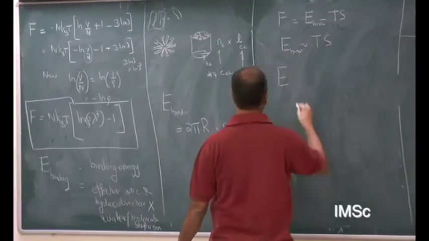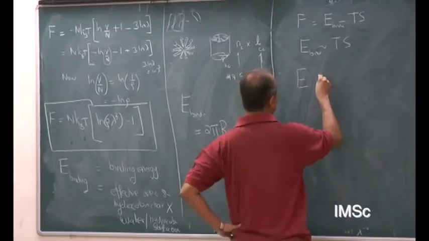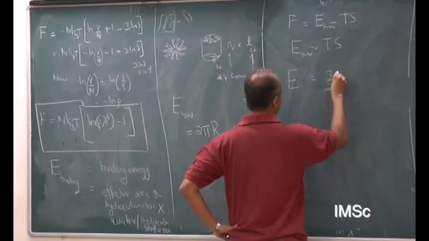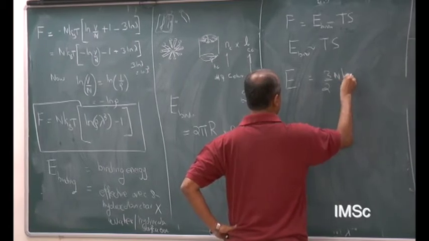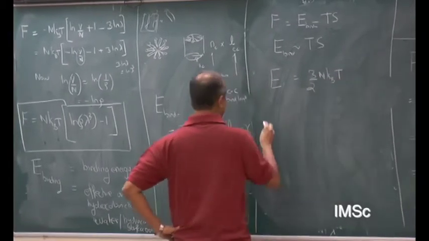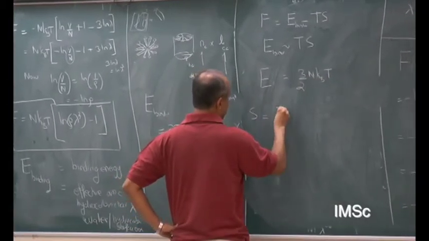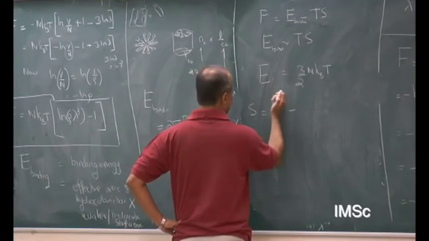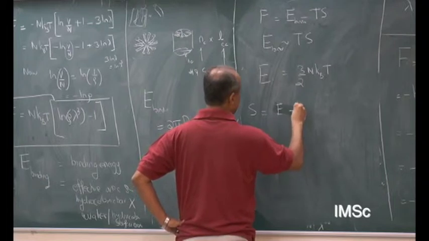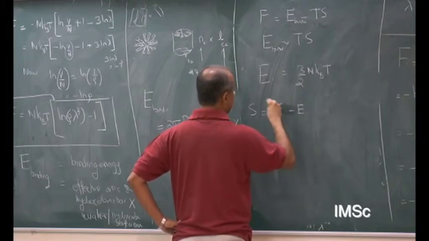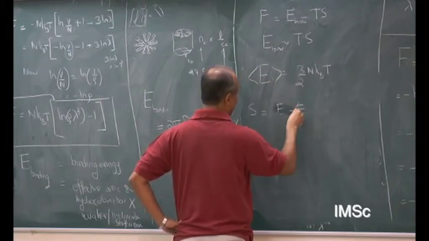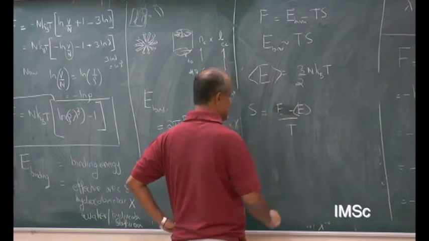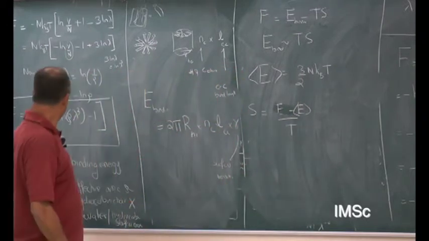The energy associated with the homogeneous state is just 3 by 2 N kBT, and therefore the entropy is the energy minus free energy, the average energy, divided by T. I think I've got a sign right.